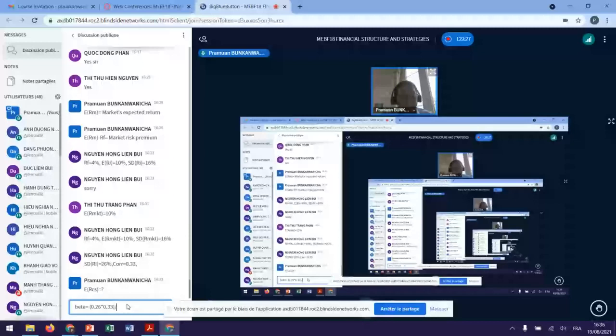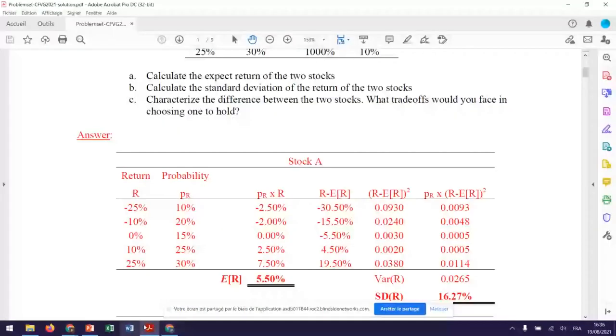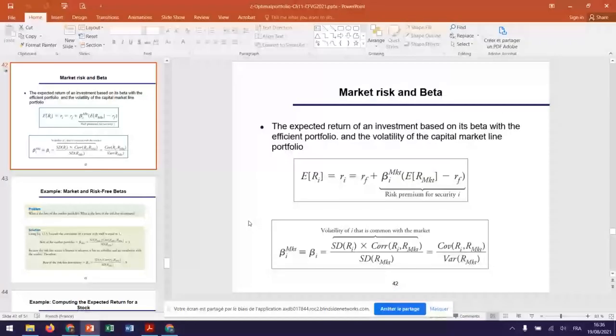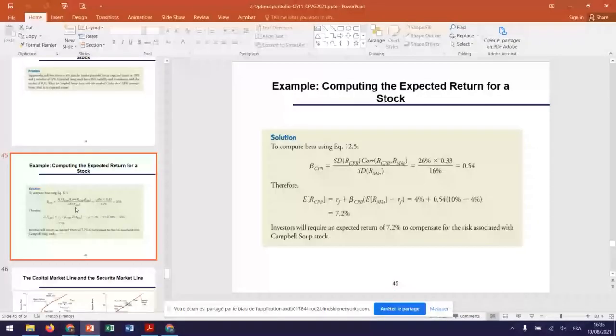That gives us the beta of the Campbell Soup: 0.54. Everybody follows?